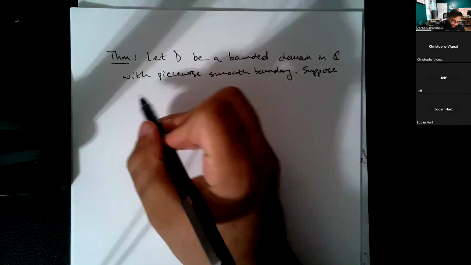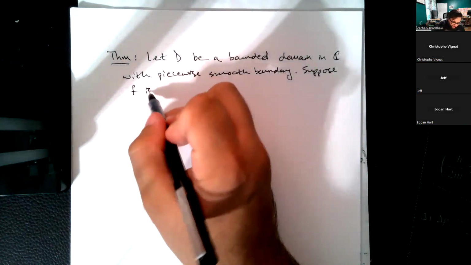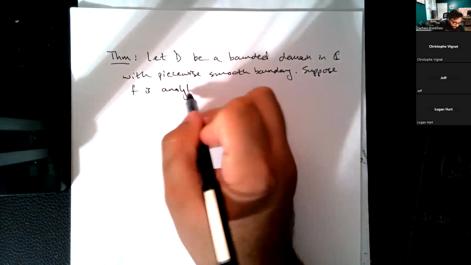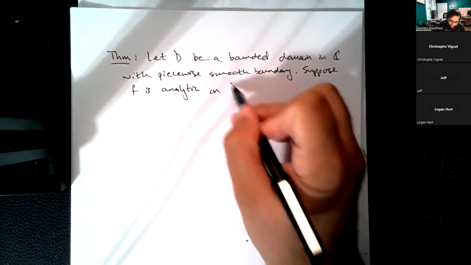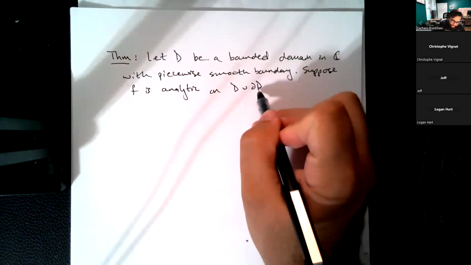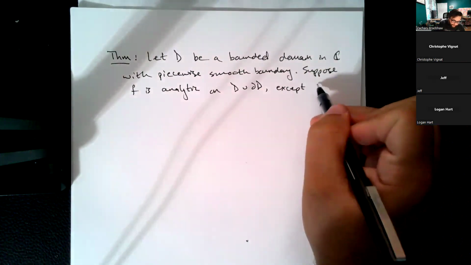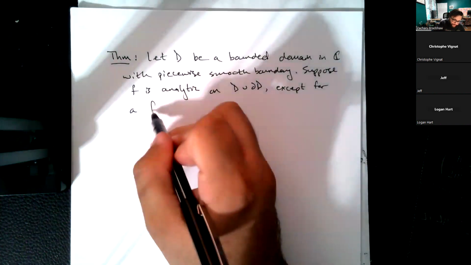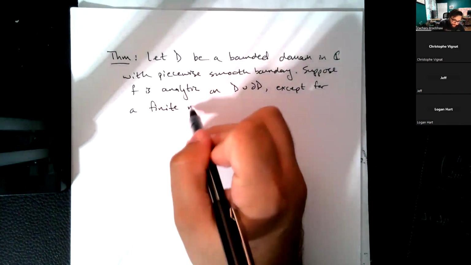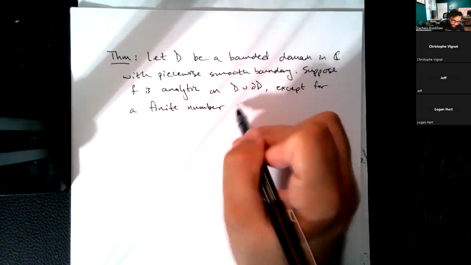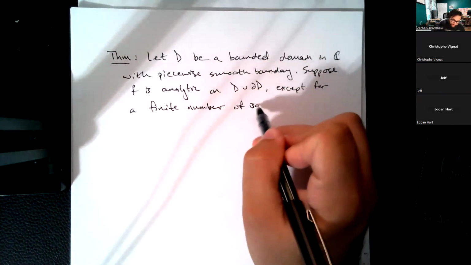Suppose f is analytic on D union its boundary, except for a finite number of isolated singularities.